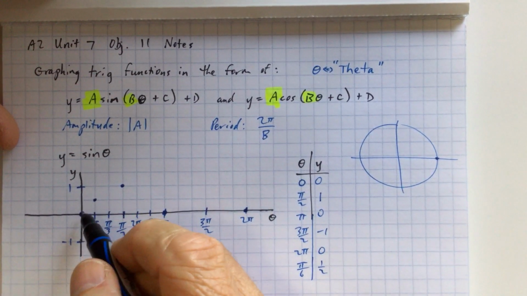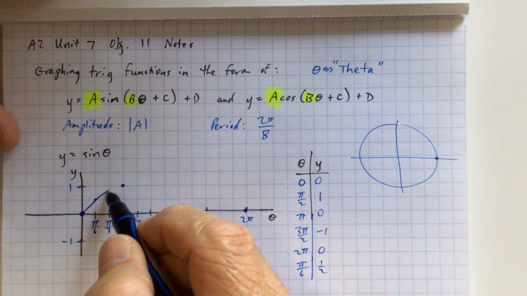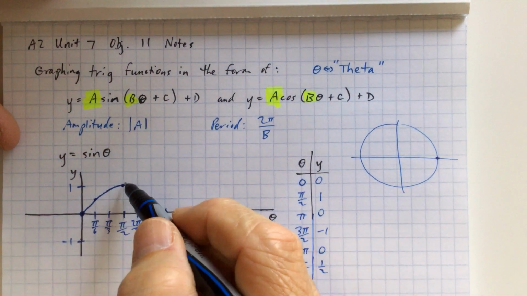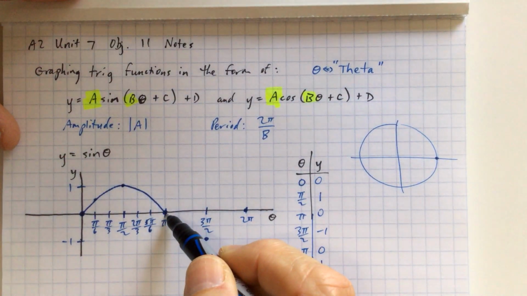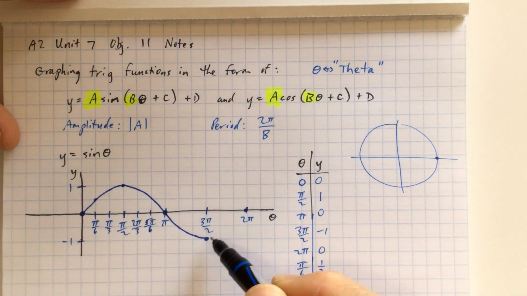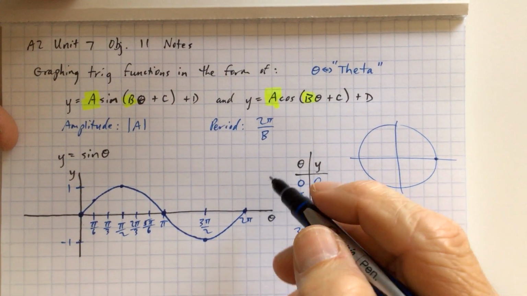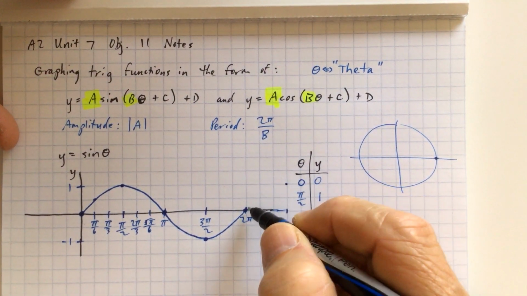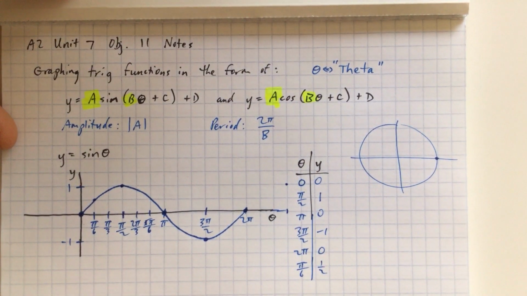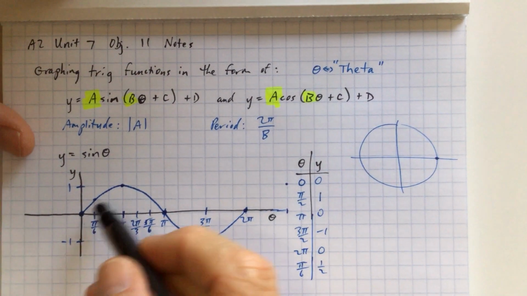What you notice, and maybe you've already seen this before, is that a sine curve is actually a curve. It's called a sine curve. It comes down like that, and it goes up there like that. And you would see that the graph would actually repeat itself. Remember, the period of the function is how long it takes to go through one complete cycle.